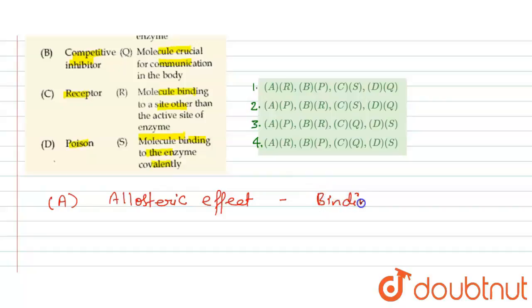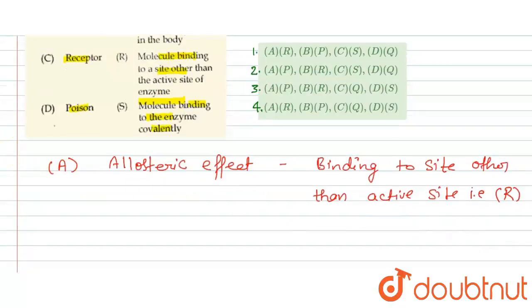So from the options we can choose that the allosteric effect is binding to a site other than the active site, that is option R, molecule binding to a site other than the active site of the enzyme.